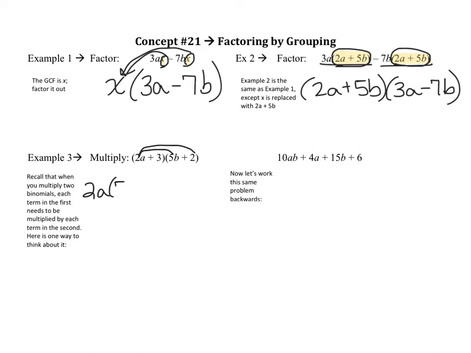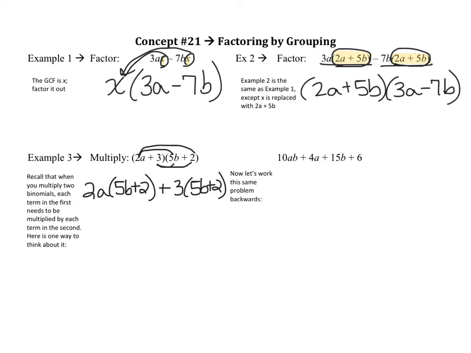So isn't that the same as writing 5b plus 2? Like that. And then the 3 has to get multiplied by 5b and 2 again. So I could say, oh, that's just the same as doing plus 3 times 5b plus 2.